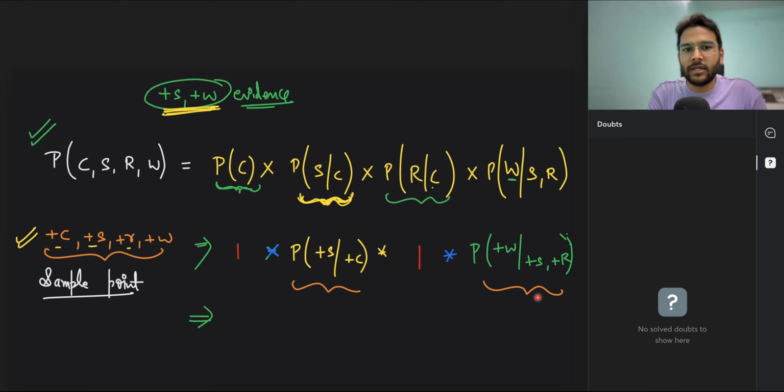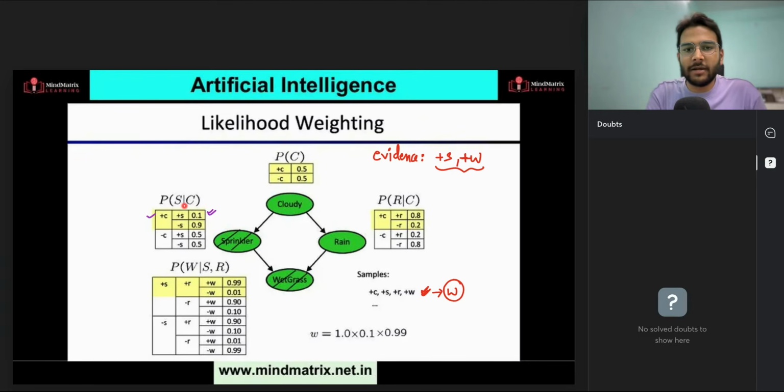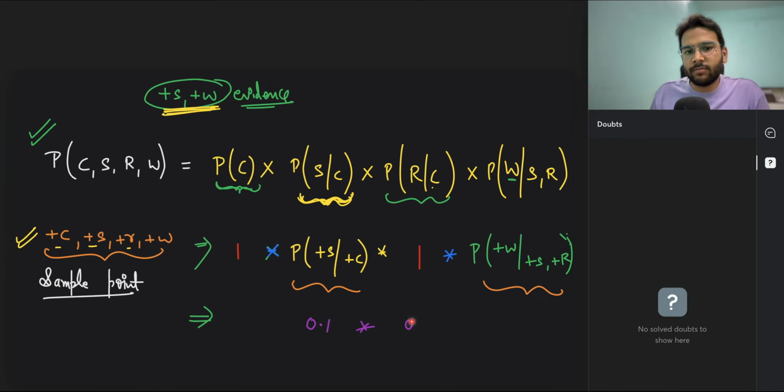And what about the probability of plus W given plus S and plus R? Given plus S and plus R, probability of plus W is 0.99. Correct? So what is the probability? This is going to be 0.099.